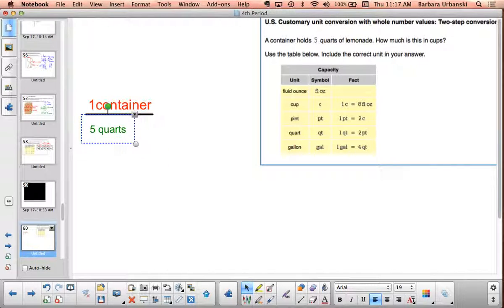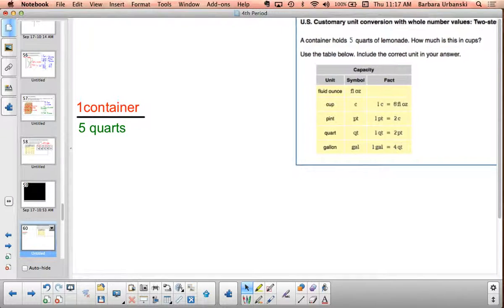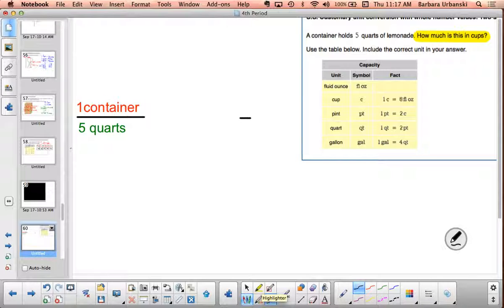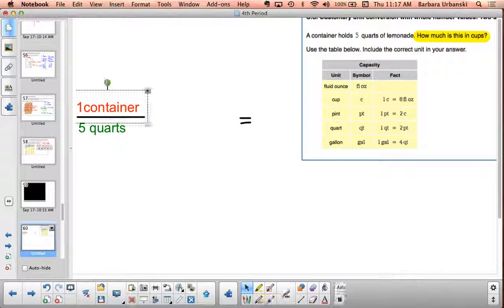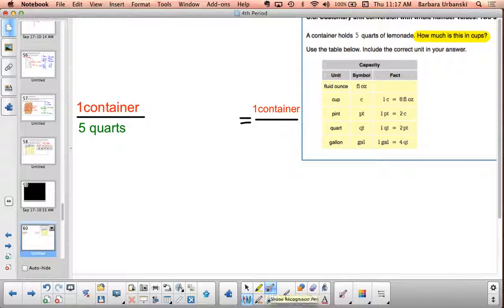Then the next thing that I'm going to look at is what are they asking me to do at the end of the day? They would like to know how much this is in cups. So I need to have something at the end where I have one container, and I'm not at this point looking for the 5 quarts.